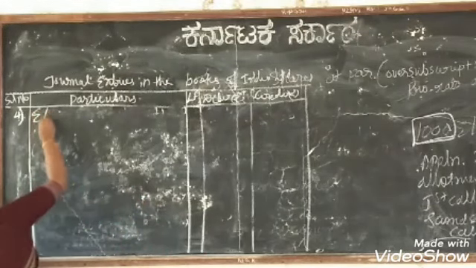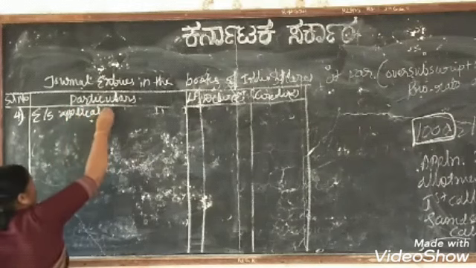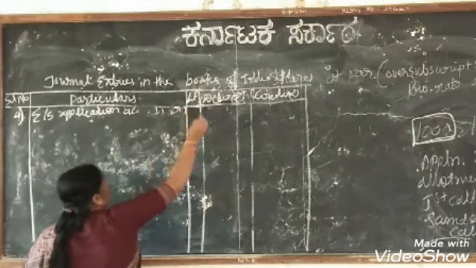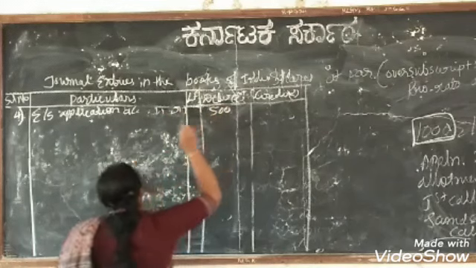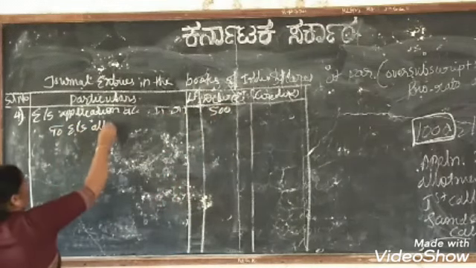Equity share application account debit, 500, to equity share allotment account.